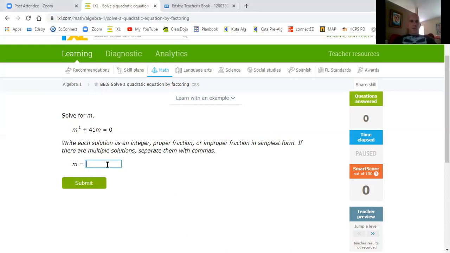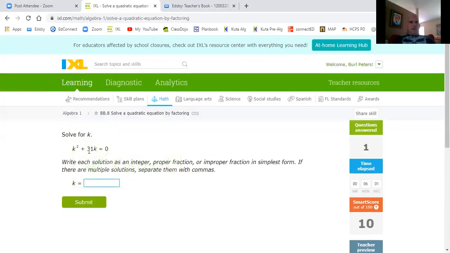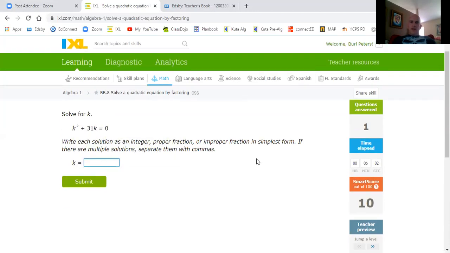I don't know that they're going to give you any that are one solution, but you may, so just pay attention for that. And the other was negative 41. So we would put that in with a comma instead of two separate boxes for the different solutions. So we just hit submit, and notice they're going to give you another problem similar to that for a little while.